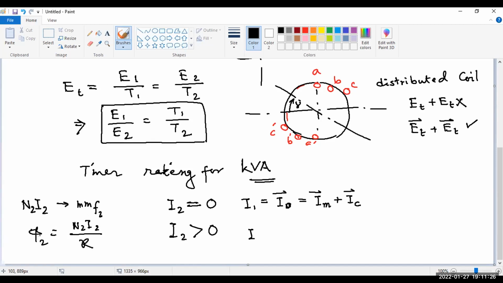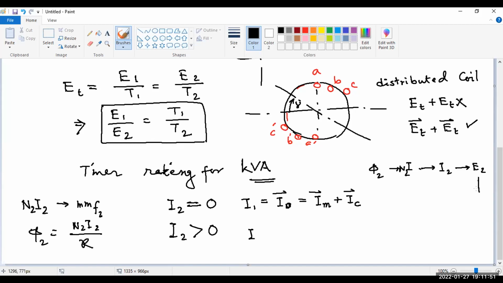The root cause is phi 1, because why is phi 2 generated? Phi 2 is generated due to the MMF N2 I2. Why is this N2 I2 generated? Due to I2. Why is I2 generated? Due to E2.